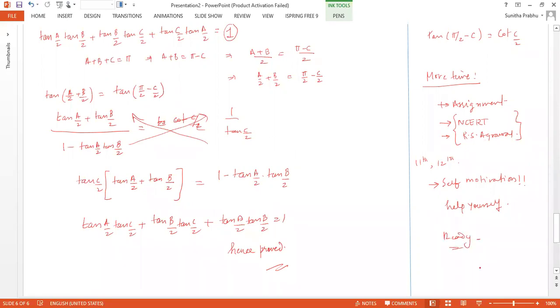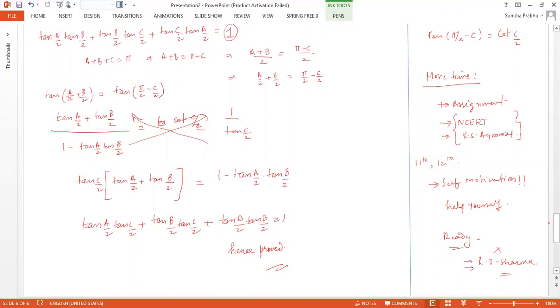After this, you have to start doing RD Sharma. That is the path for people who want to do IIT Mains, BITS Pilani, CET. For CET, you don't need RD Sharma. If your goal is just CET, NCERT or RS Agrawal assignment is good enough. If you want to go one step higher, BITS Pilani and all, then you have to do RD Sharma and Mains.